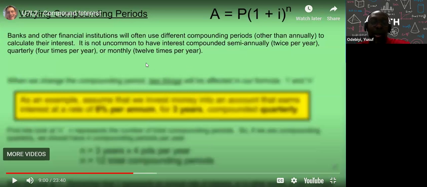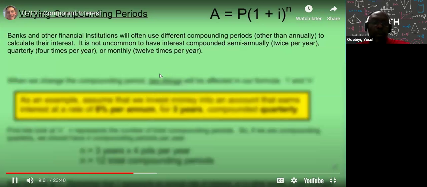Yearly is the minimum. If it's 13%, but compounded monthly versus compounded daily, if it's compounded daily, you end up paying more money than if it's compounded monthly or yearly. So he's going to explain that a little bit.